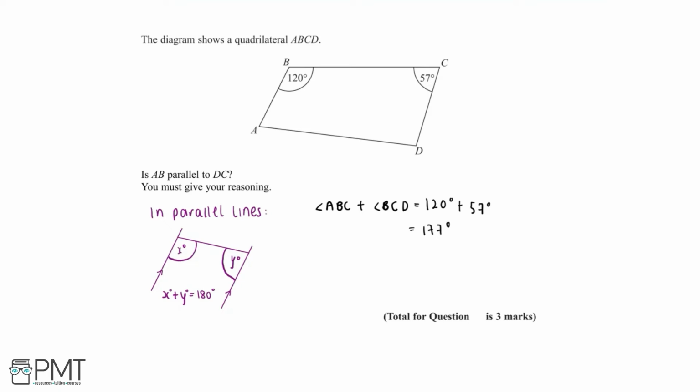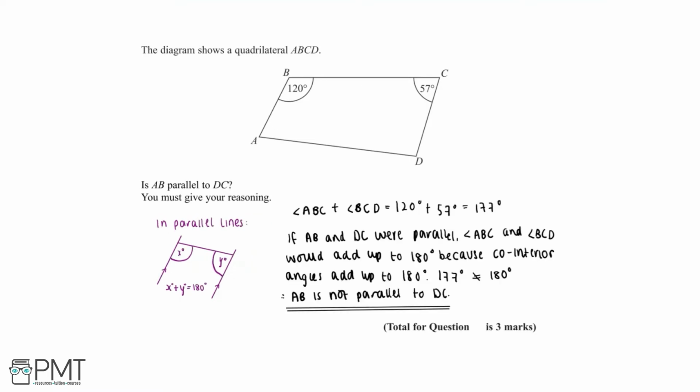But like we said, if AB and DC are parallel, angle ABC plus angle BCD would be equal to 180 degrees. 177 degrees is not equal to 180 degrees, and so we can say that line AB is not parallel to line DC, and we need to write down a sentence or two to explain why this is. And so we've now proven that AB is not parallel to DC because 177 degrees is not equal to 180 degrees, and co-interior angles in parallel lines should add up to 180 degrees.